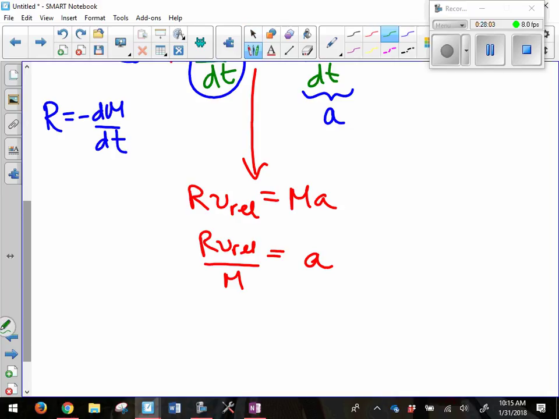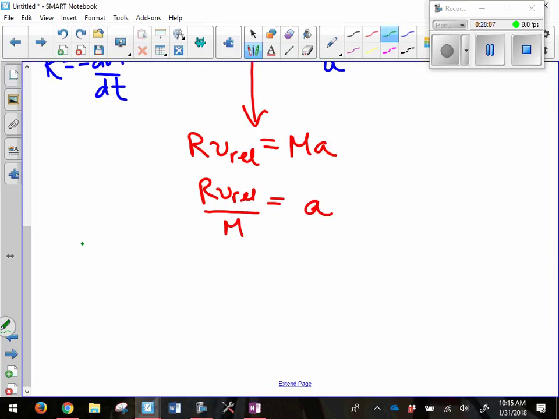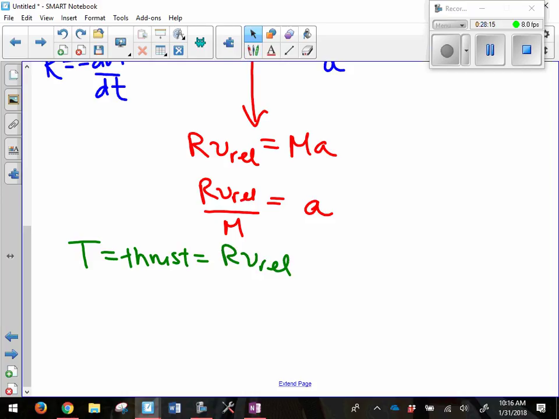One of the reasons that we went through a lot of this is that engineers talk about the thrust of a rocket, which is equal to R vrel. So if you're going to grow up and be a rocket scientist, you're going to have to know what that is.